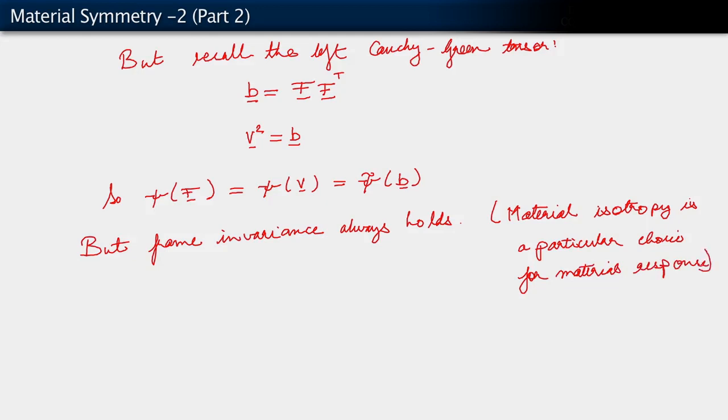Put differently, everything has to be frame invariant. All psi's have to be frame invariant. Not all psi's have to be isotropic. If you don't have an isotropic material, the arguments we are making don't hold for isotropy. Simple as that. Certain materials do indeed care how you orient them before presenting them to a deformation. So this is the difference here. Frame invariance always holds.